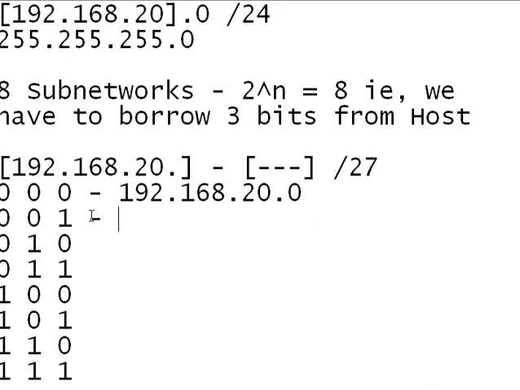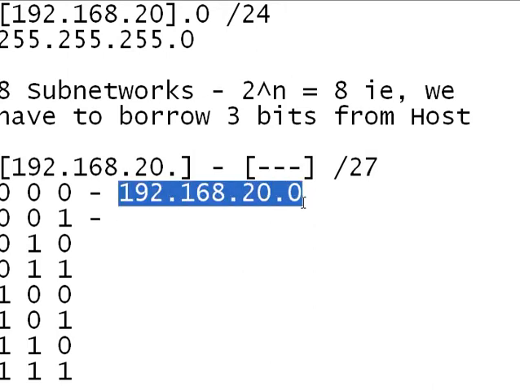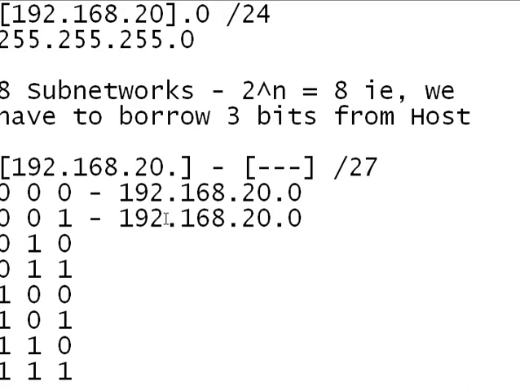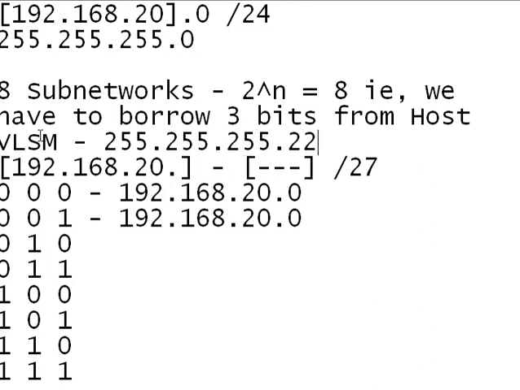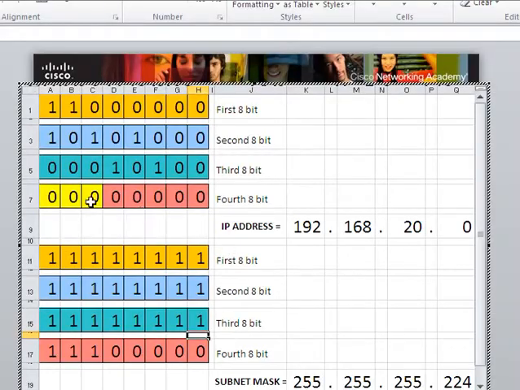We already did the VLSM calculation, variable length subnet mask, with 255.255.255.224. Now if it is 001, then I am getting 192.168.20.32. There is a very easy calculation to do it.